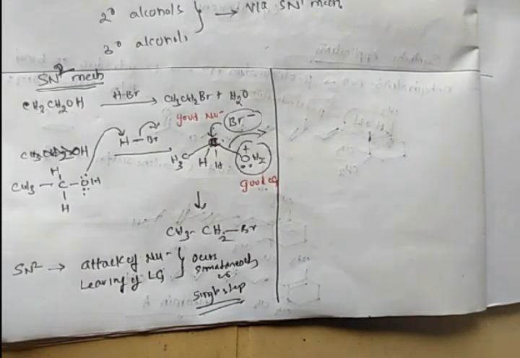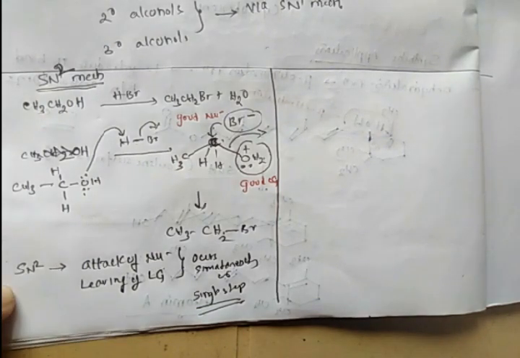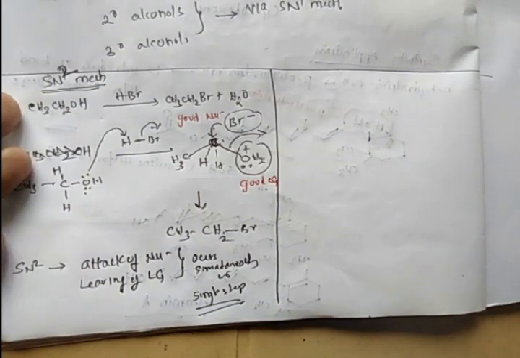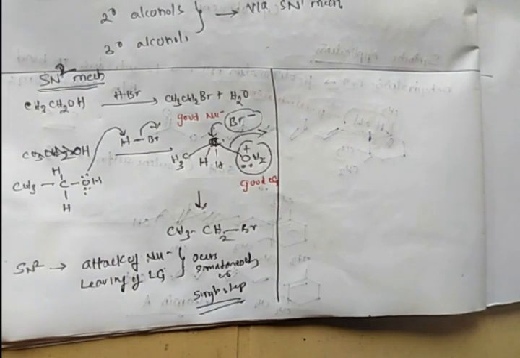In a single step, both reactions are possible. That is called the SN2 mechanism. In the previous explanation I said it is SN1, but it is an SN2 mechanism. So primary alcohols and methanol generally undergo nucleophilic substitution reaction via the SN2 mechanism.